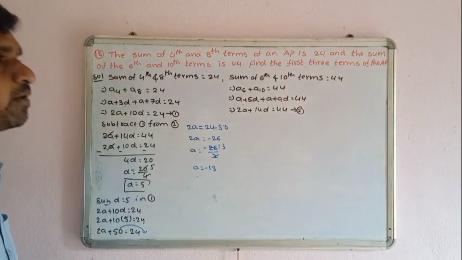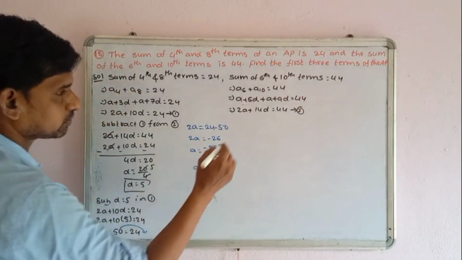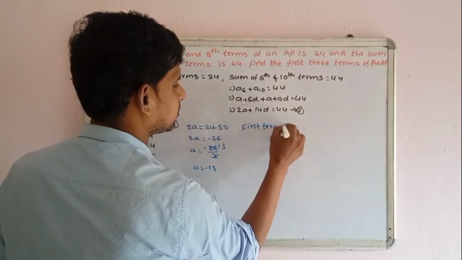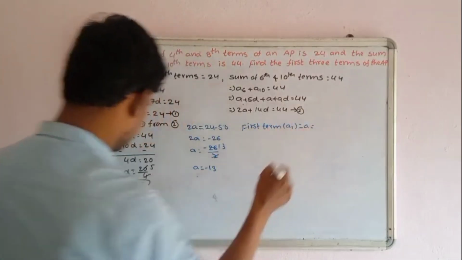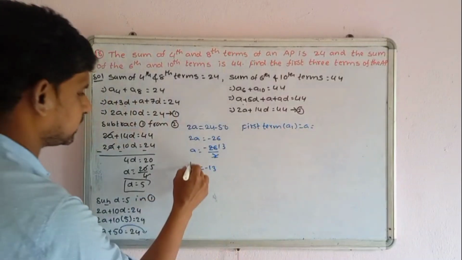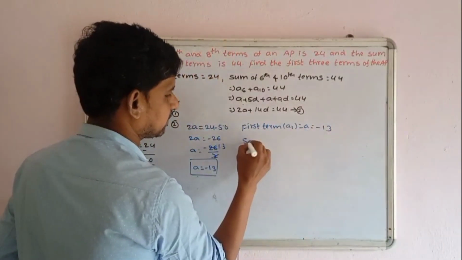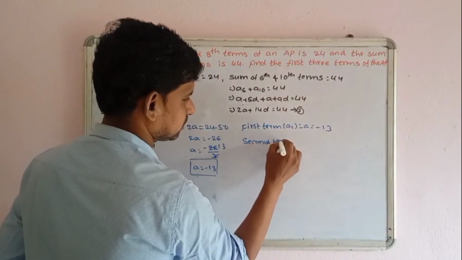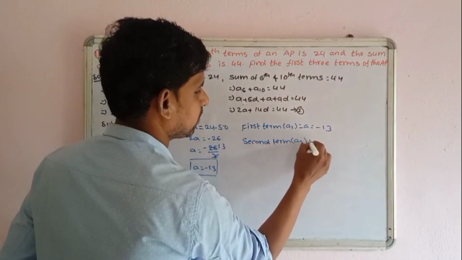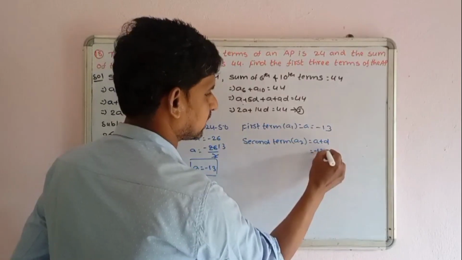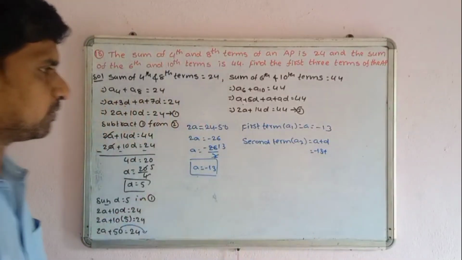Now find the first 3 terms. What is the first term? First term A1 equals a, how much is that? Negative 13. Second term A2 equals, the formula is a plus d. a value minus 13 plus d value 5.